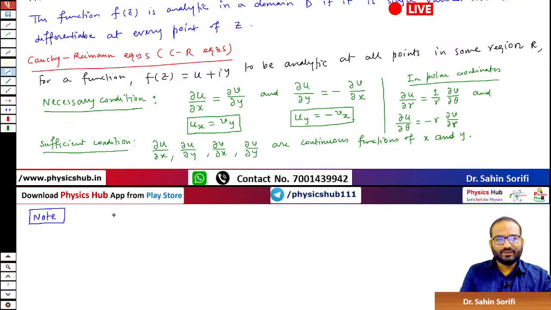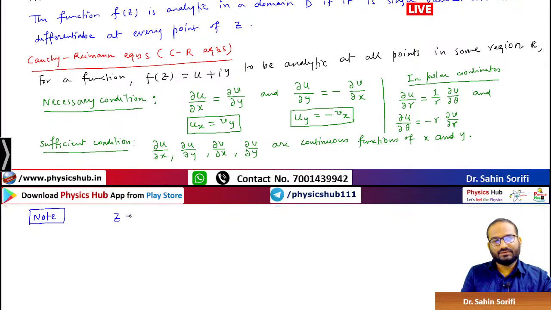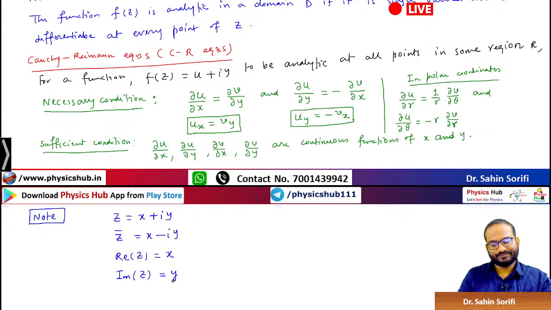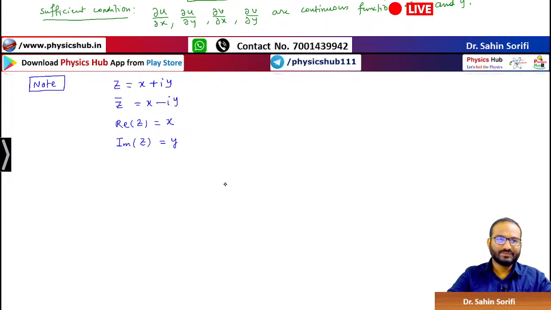Look, we have seen that z is equal to x plus iy, no issue. Z bar, the complex conjugate of this, is x minus iy. What is real of z? Real of z means x. Imaginary of z is y. We have seen this.